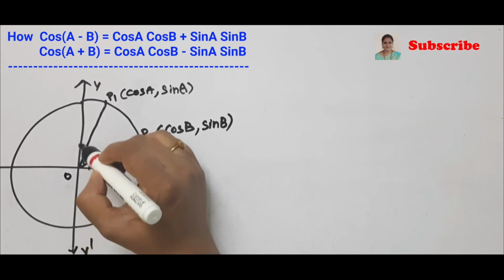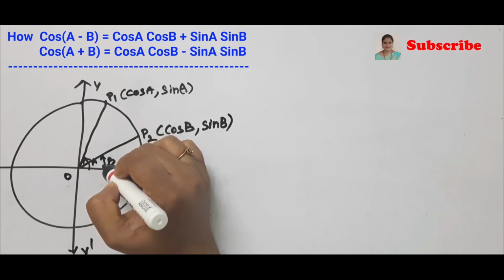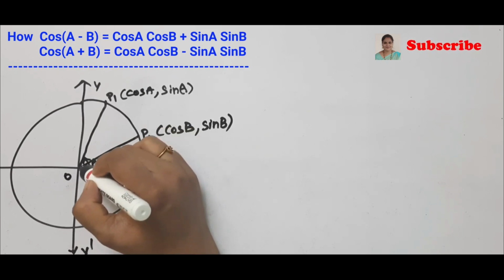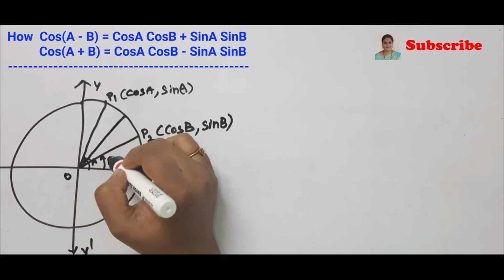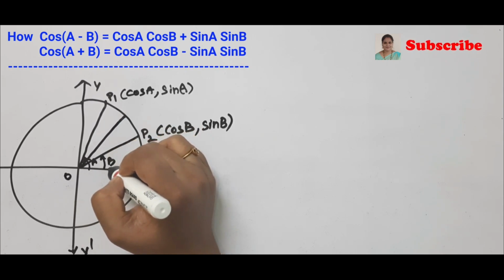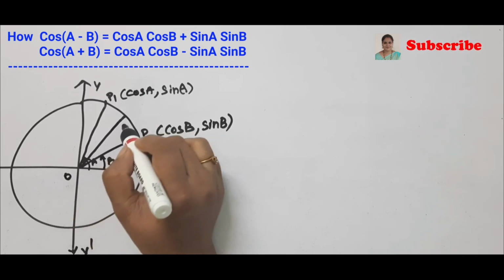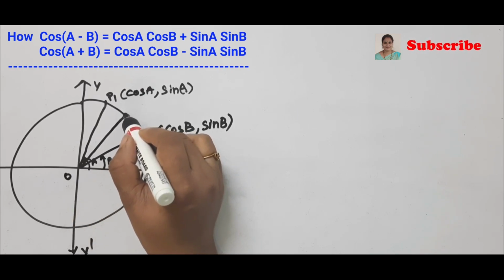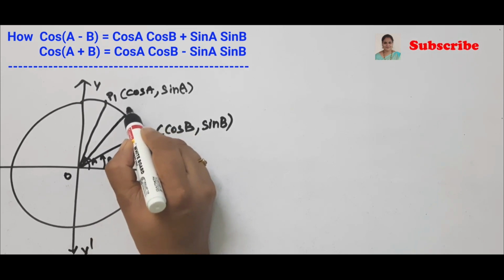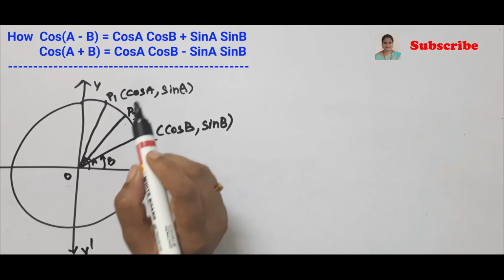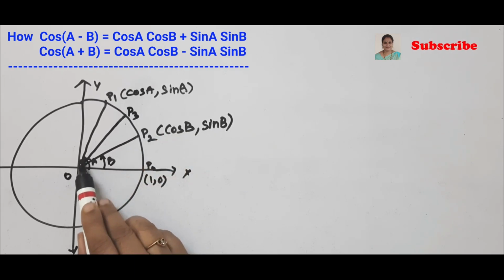Suppose the terminal ray is making an angle between P1 and P2. That is, it is making an angle between these two angles, angle A and angle B. Between these two angles, suppose it is making another angle, and let the point at which it cuts the circle be P3. This whole angle is A, is it not?